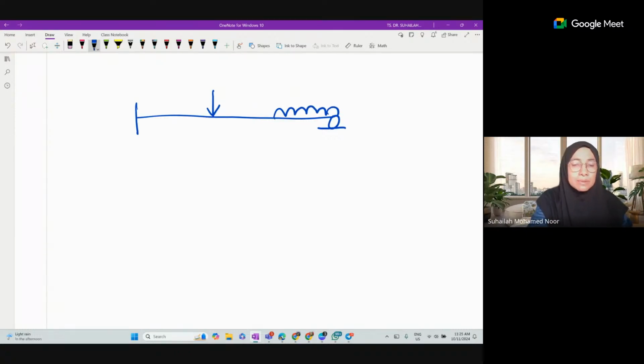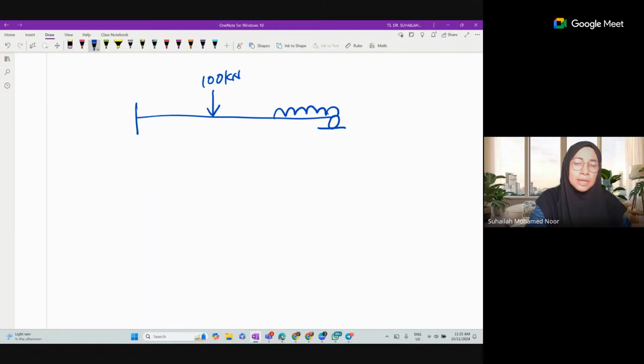You can create simply an indeterminate beam like this. Just put loading wherever you like, whatever value and type of loading you like, and then the process will be the same.